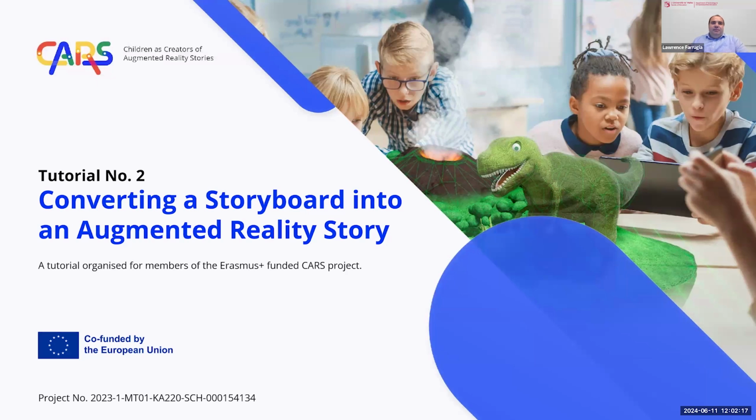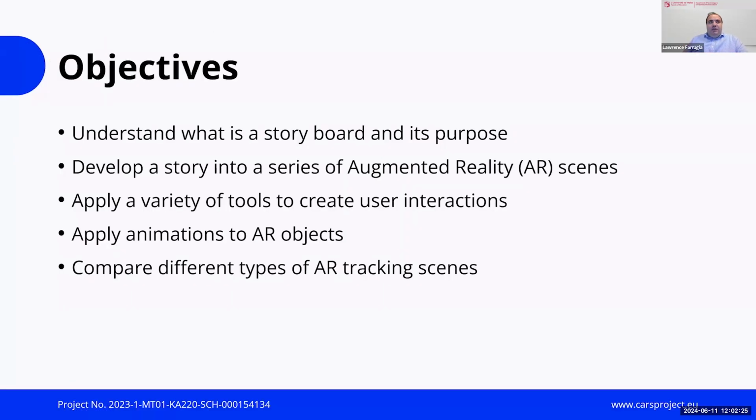the first tutorial. So for today, we have essentially a number of objectives with two main focal points. First of all, we will focus on the purpose of a storyboard, what is a storyboard, and how a storyboard can be useful for both teachers and students to create an augmented reality story.